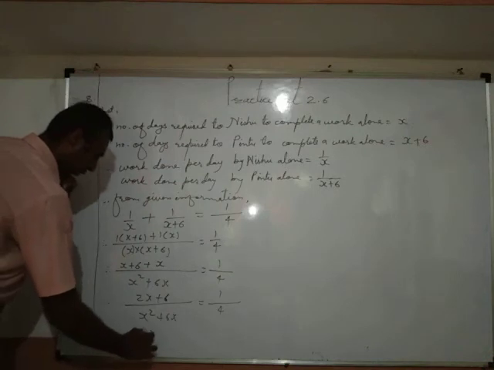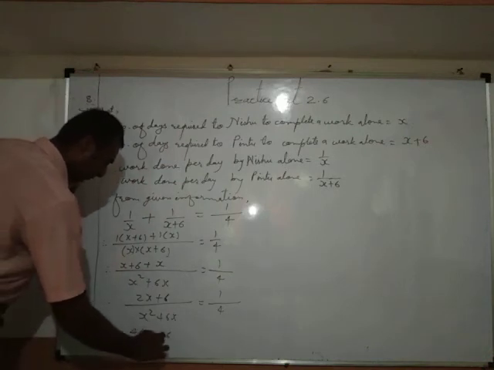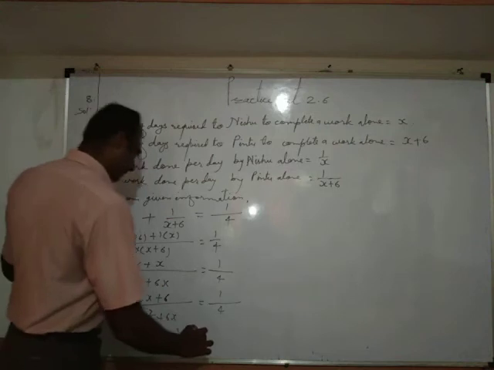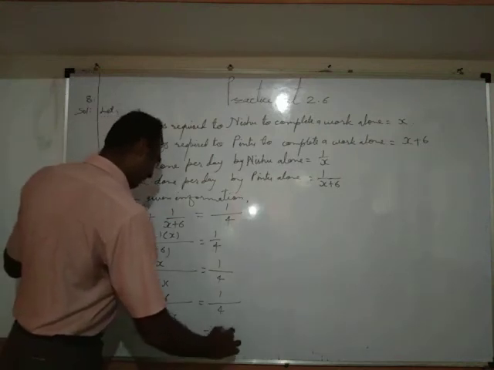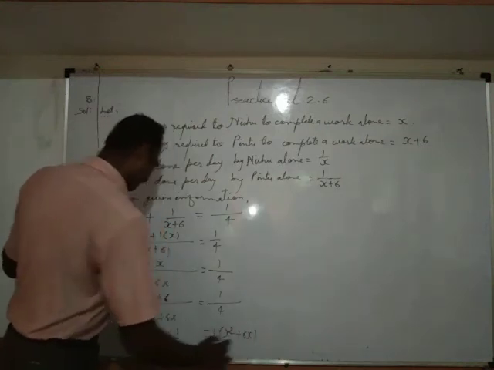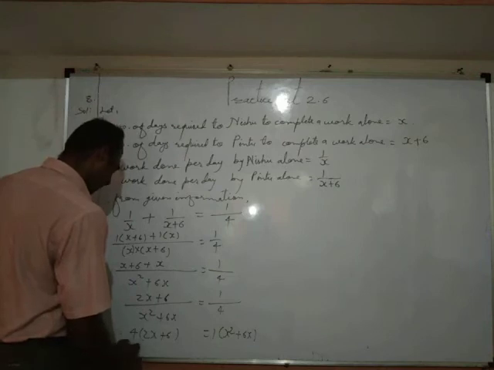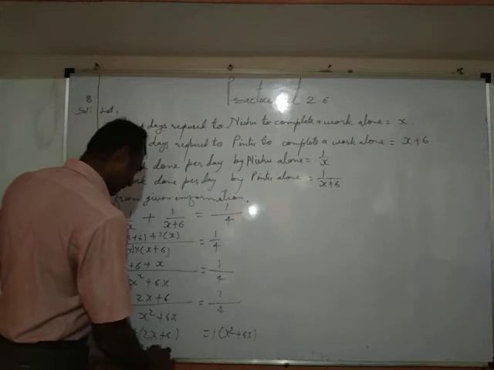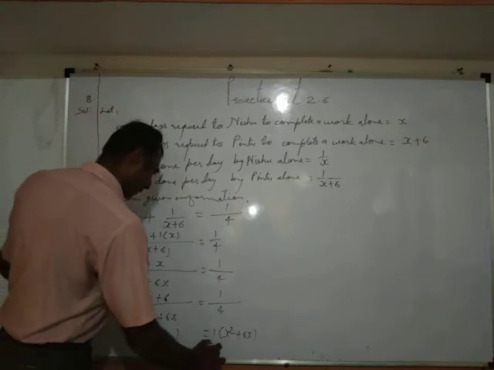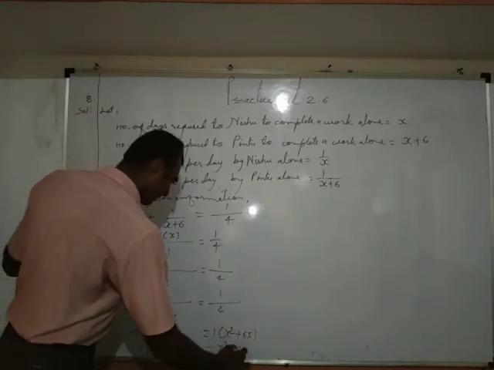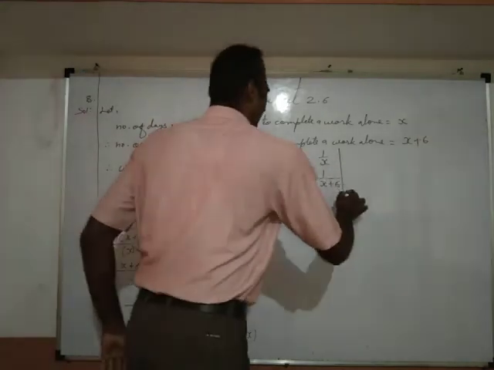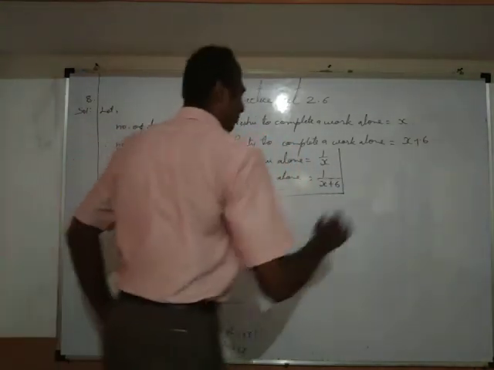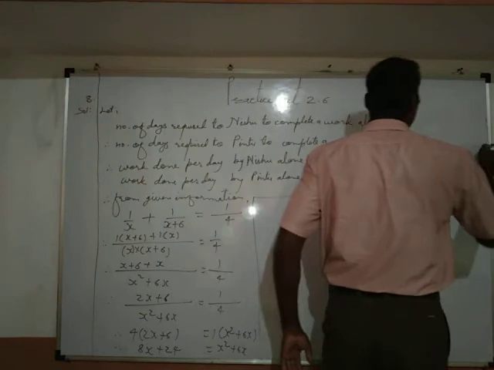4 in bracket 2x plus 6 equals 1 in bracket x square plus 6x, and therefore it will be 4 2s are 8x plus 4 6s are 24 equals x square plus 6x. Okay, now let's rearrange by exchanging LHS and RHS.